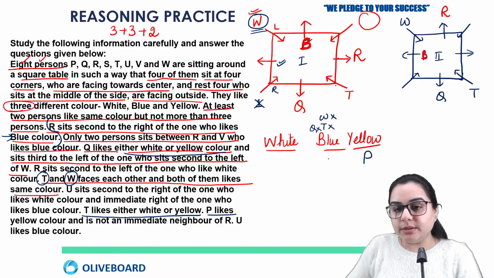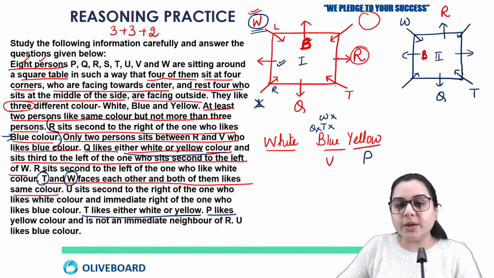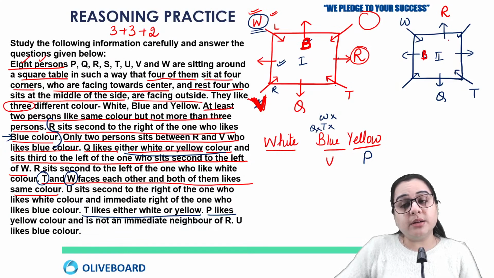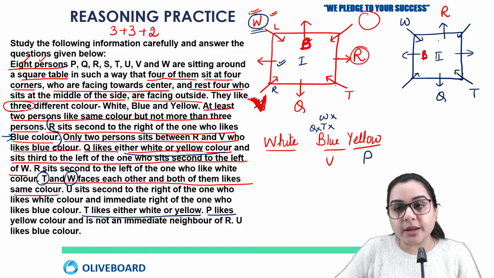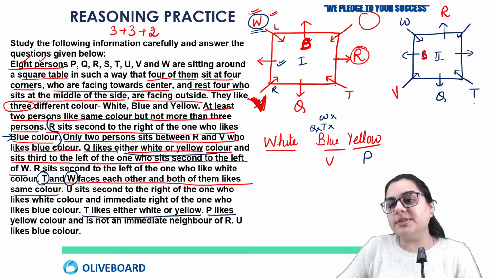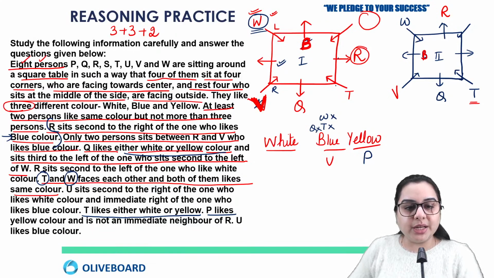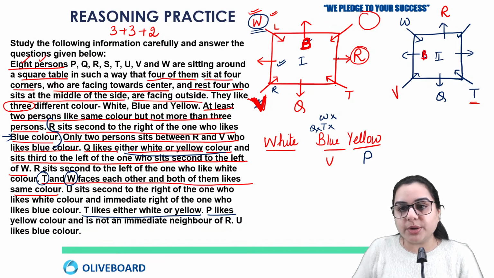So V likes blue color and there are just two persons sitting between R and V. In possibility number 1, considering the position of R, V can be written here, because on the other side it is W. In the second possibility, to have two persons between R and V, I should write V here, because on the other side it is T. Next, Q likes either yellow or white, so we are done with this line already. Next we have that R sits second to the left of the one who likes white color, so we are not sure about that till now.